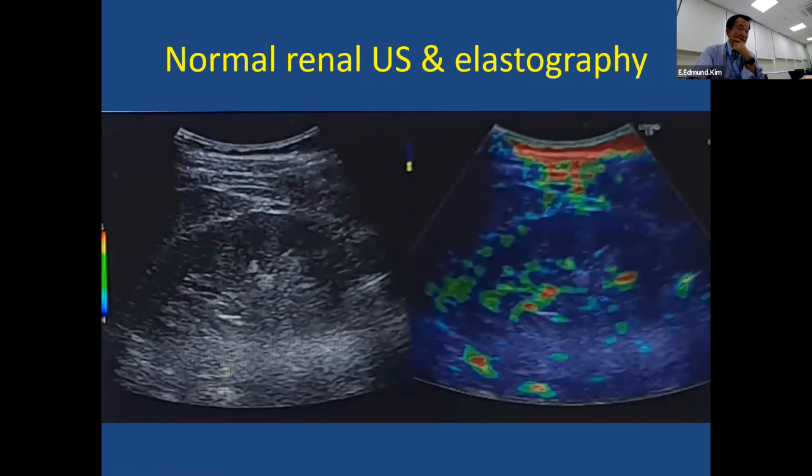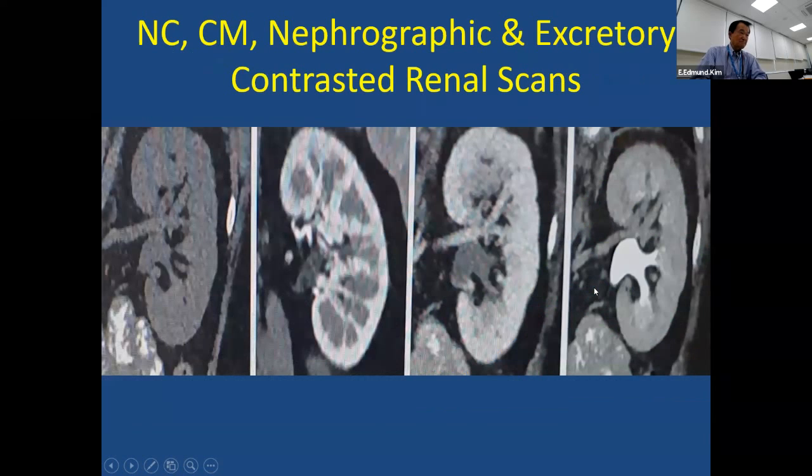And also recently ultrasound elastography, like hepatic elastography, shows elasticity. If renal fibrosis or certain rigid conditions occur, this will show them, but it's still in research rather than practical.